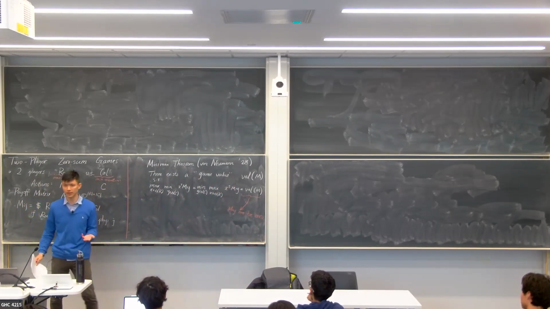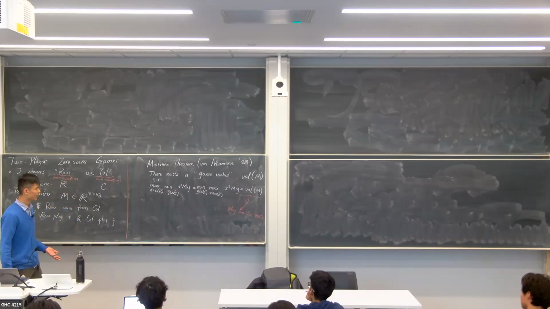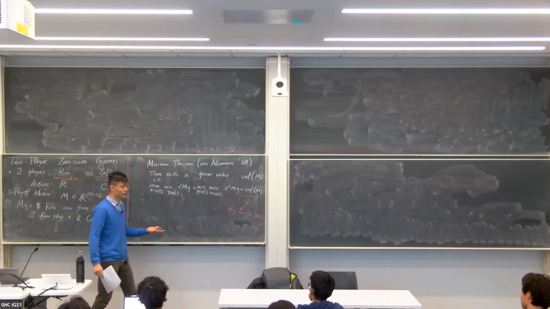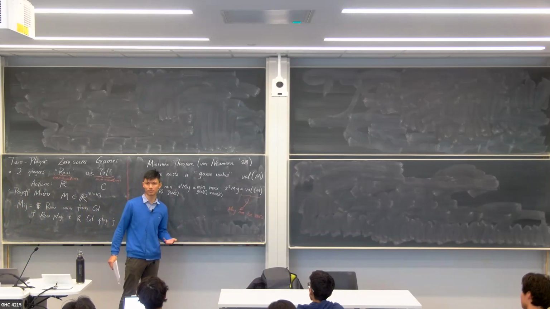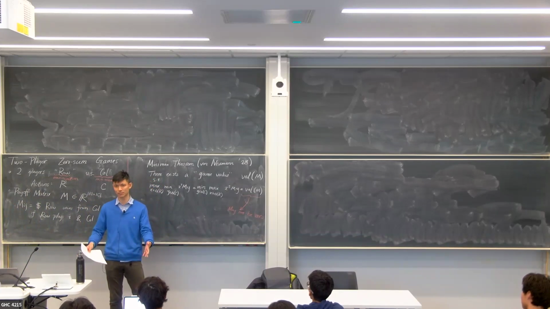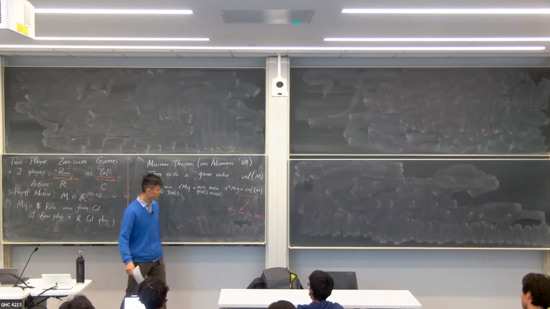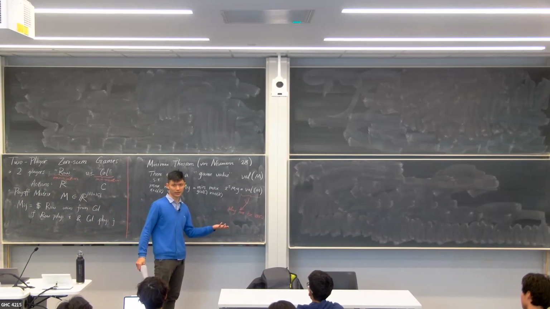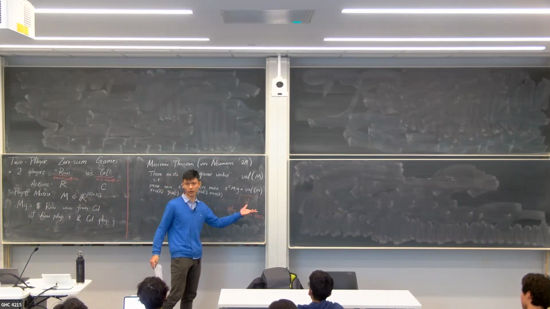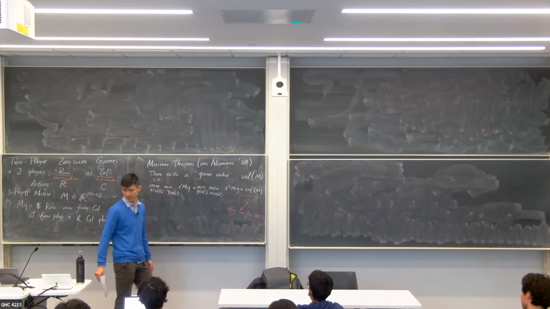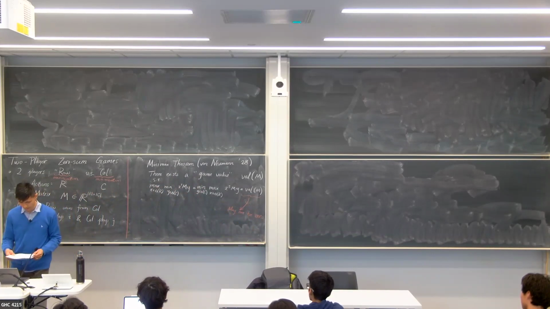I could be playing a game where, in order to enter the game, the max player has to pay $5. The minimization player doesn't. That doesn't change the nature of the game. It's still the same sort of strategy. But that would be like a sum equals 5 game. So this is just a quick clarification. There was some question about that. Any question?